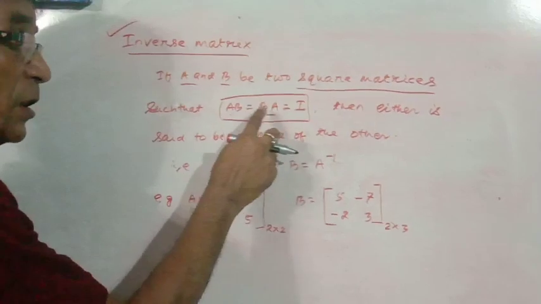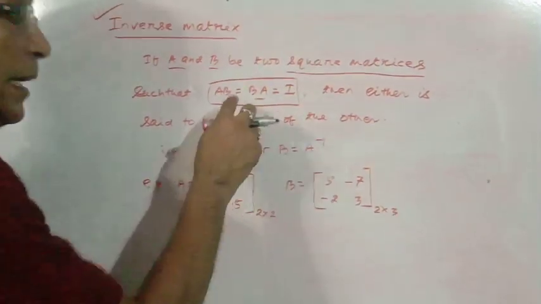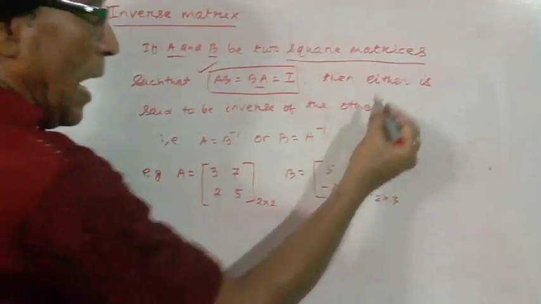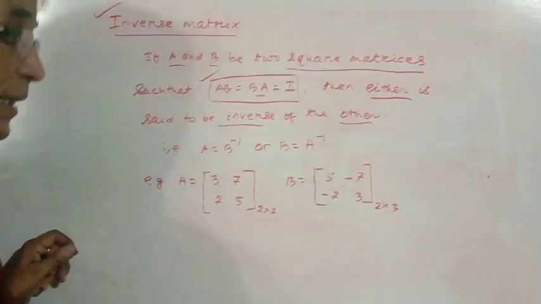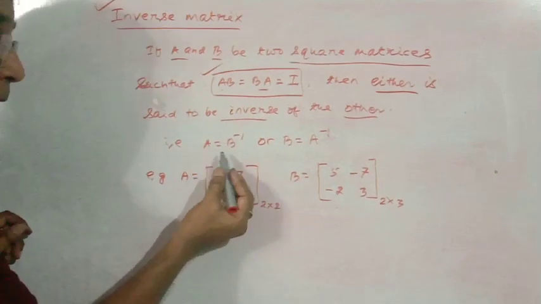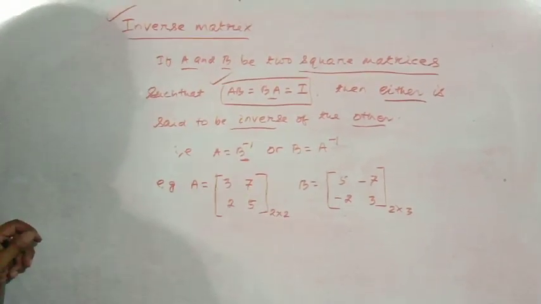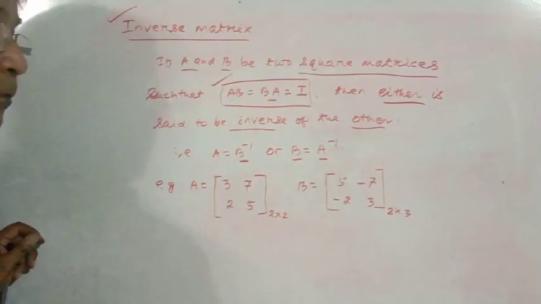The AB product must be equal to the BA product and each is equal to the identity matrix. If it satisfies this condition, then only we can say either is the inverse of the other matrix. That means on satisfying this condition we can say that the inverse matrix of B is A or the inverse matrix of A is equal to B.